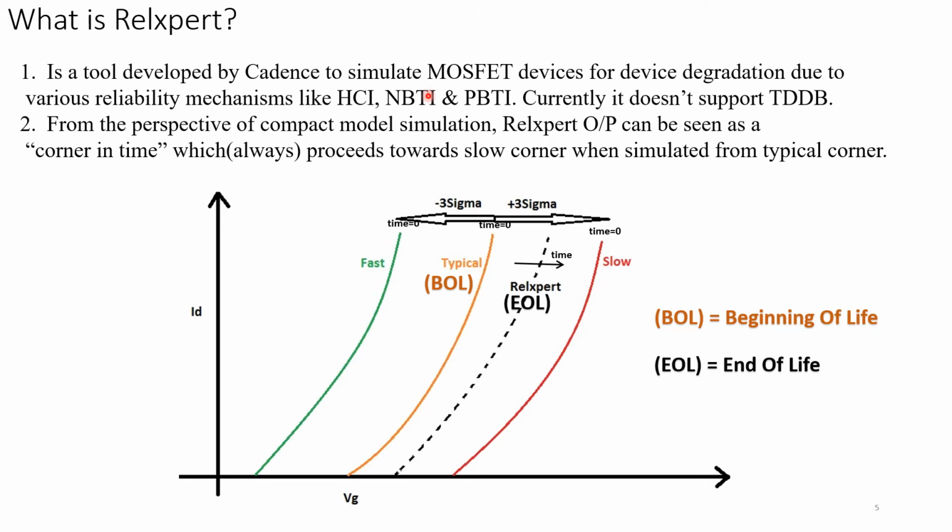So you stress the device for 10,000 seconds with accelerated stress, and then you assume that the equation derived from that stress modeling will also be valid for 10 or 20 years. Then you implement that into the compact models using the tool called RelExpert in the Cadence environment.